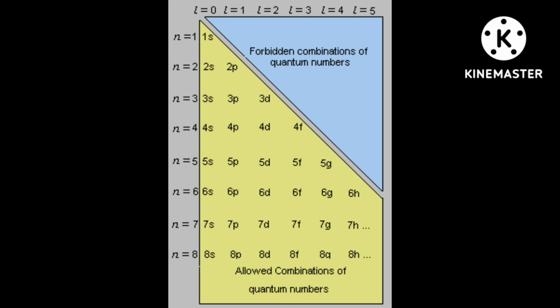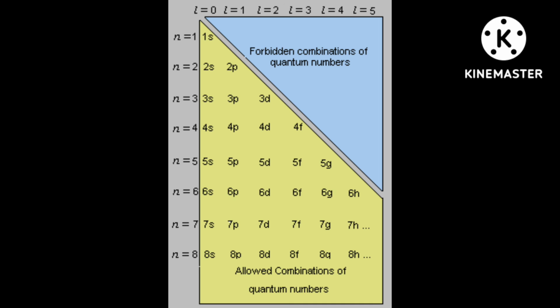Already I told you, any single orbital can't have more than two electrons due to these two reasons, plus half and minus half. These two electrons should have opposite spin. Then I have told all the four quantum numbers.